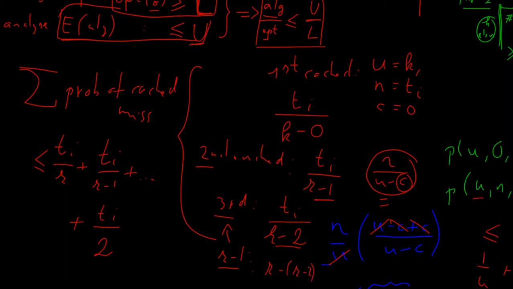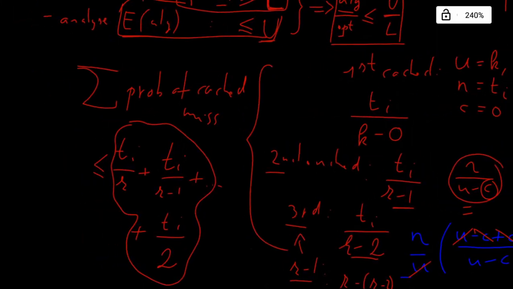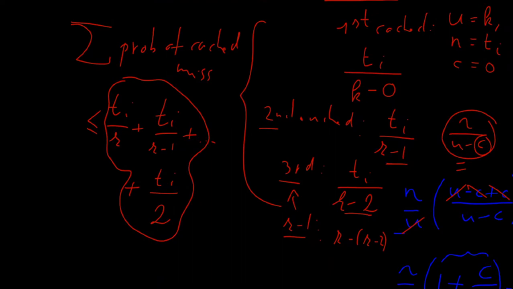Okay, so this is the sum, and this is an upper bound for the expected cost of the cached elements inducing cache misses.